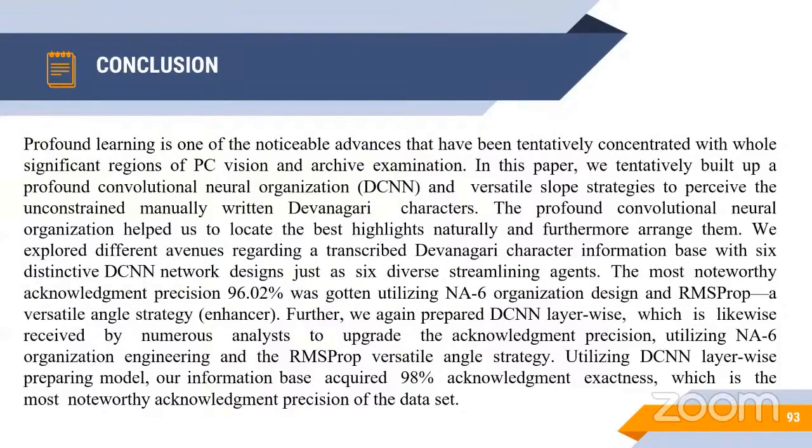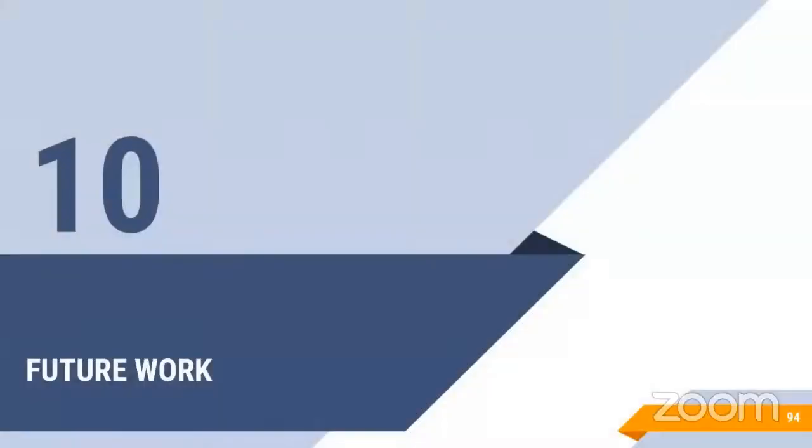With the NA6 and the layer-wise training model, the total accuracy obtained is 98%. That is the highest accuracy of Hindi OCR compared with all previous seven years, the most noteworthy recognition precision on the data set.